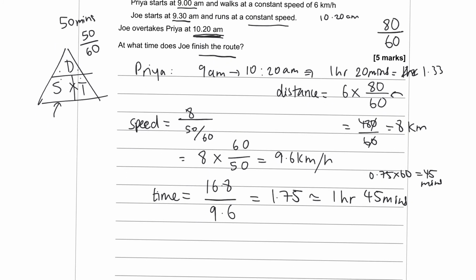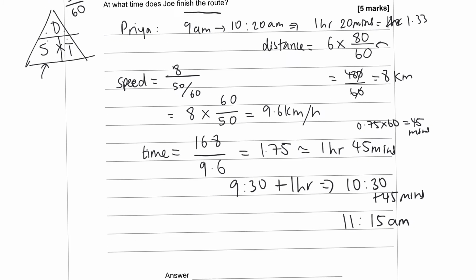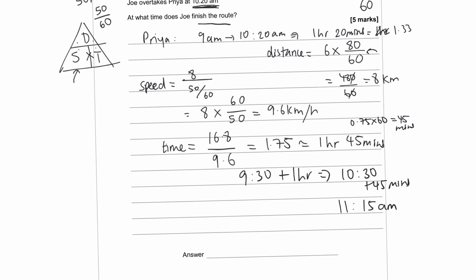Joe started at 9:30, so 9:30 plus an extra hour gets us to 10:30, plus the 45 minutes would leave you at 11:15 a.m. So we know that Joe is going to finish the race at 11:15 a.m.